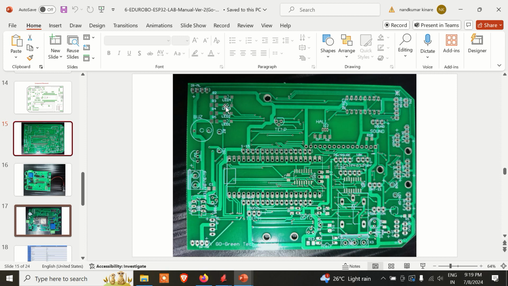So what is the difference between SMD components and normal components, where the LEDs are? In SMD components there won't be any holes. If you see, the pads don't have holes. So the holes are not there, but the component name is mentioned, which means it is a surface mounted device.